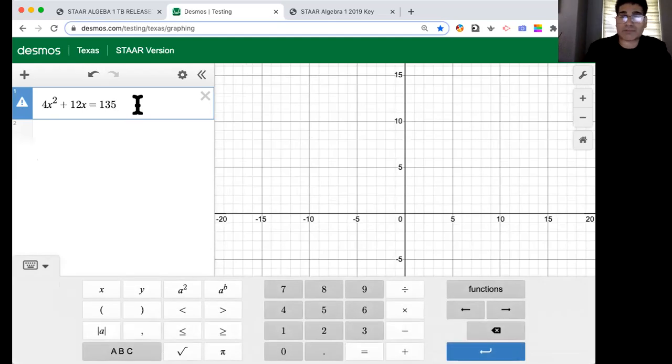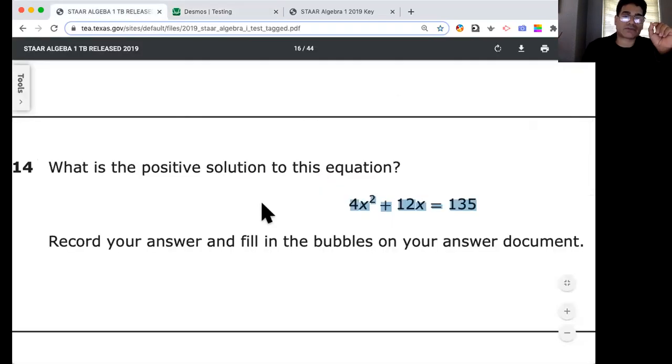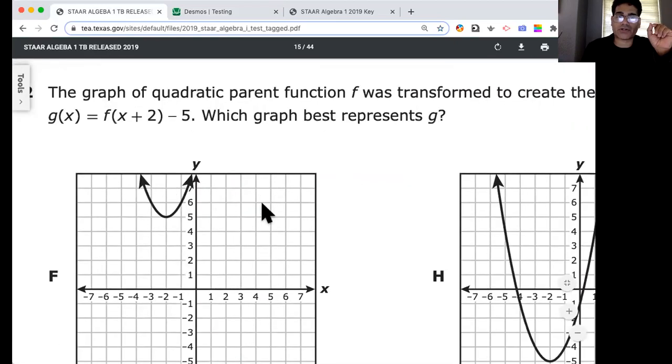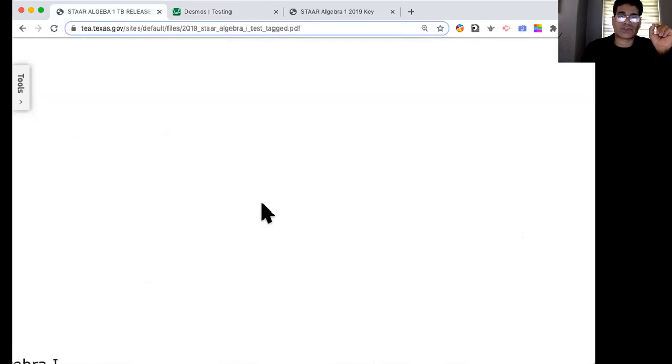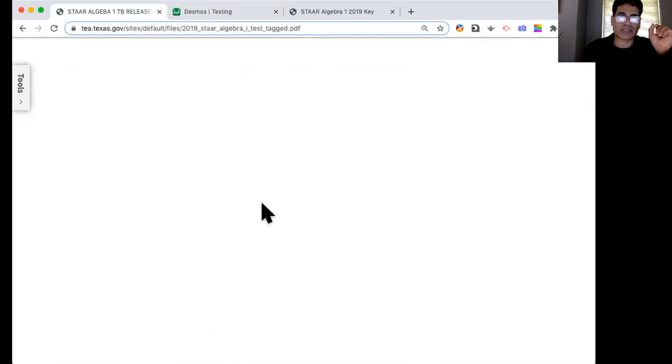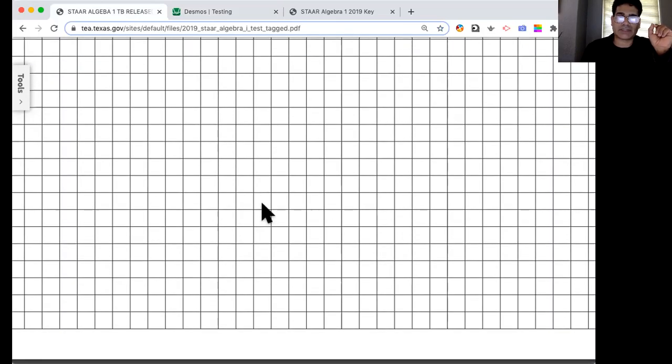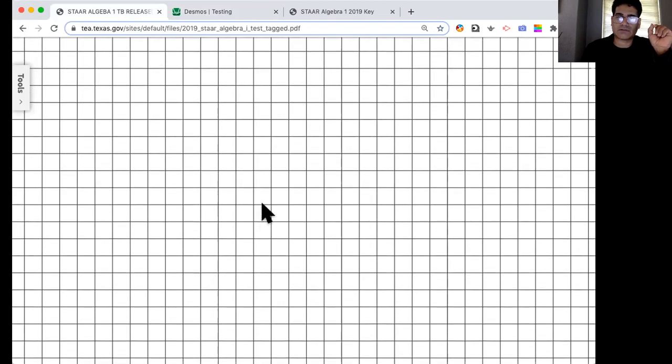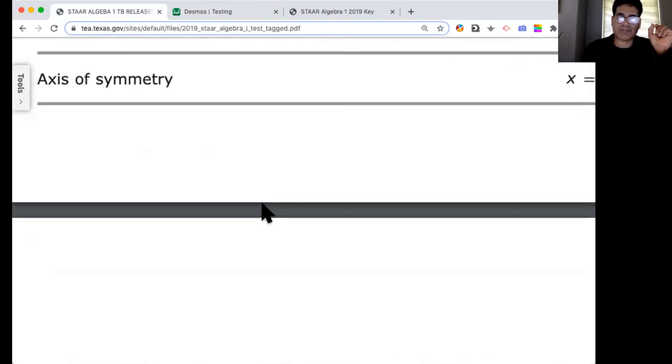But wait a second. We had a quadratic before. So is it in quadratic form? What is the quadratic form? Remind yourself by going to your chart for the quadratic equations and take a look at what it's supposed to look like. Flip through if you have a paper.